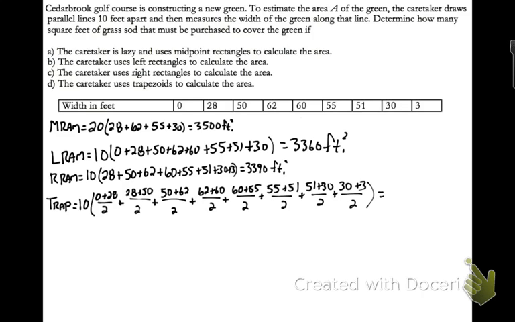And our trapezoid approximation ends up being 3,375 square feet.